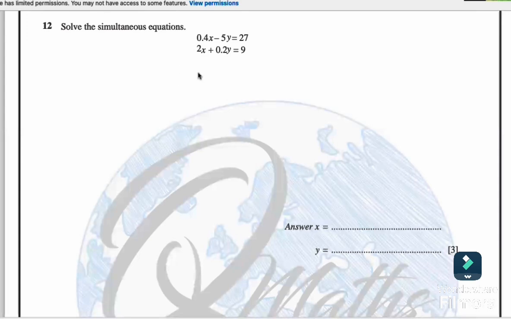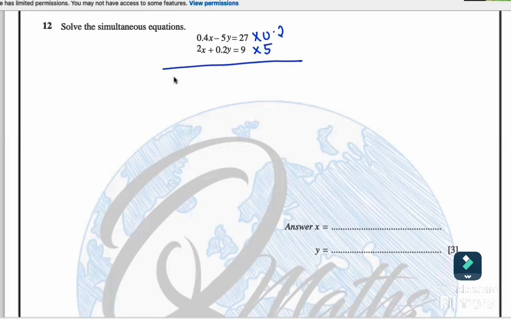Okay, so let's solve one question with the decimals. Okay, so your first job is to make the coefficient same. So as a result of that, I will multiply the first equation by 0.2, and I will multiply the second equation by 5. Therefore, 0.2 into 0.4, 0.08x minus 0.2 into y.